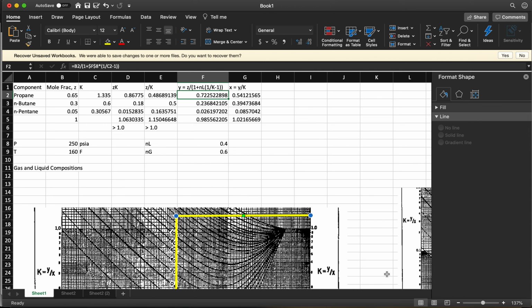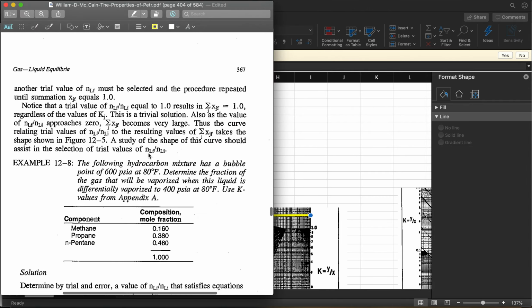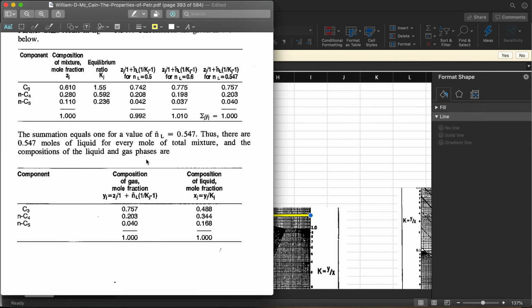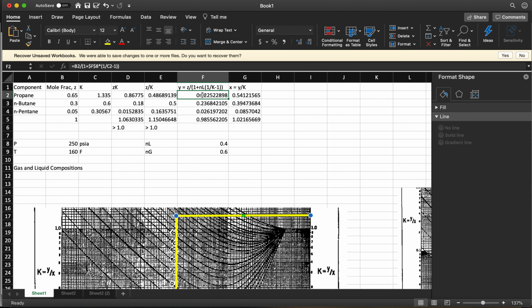That's the formula from back here in the book, where you can see those formulas. So we need to guess a value of N sub L. Let's guess 0.4, and you copy that all the way down. This needs to add up to 1 for it to be the solution.